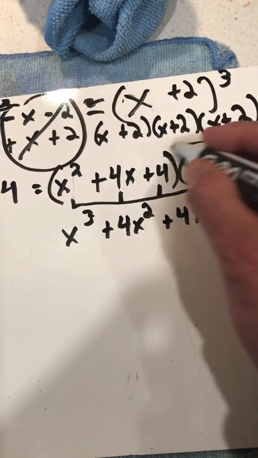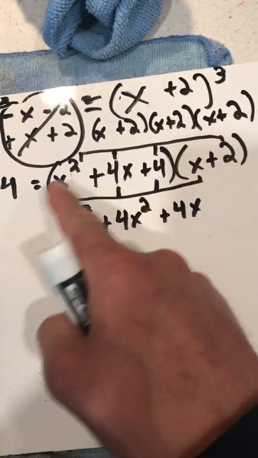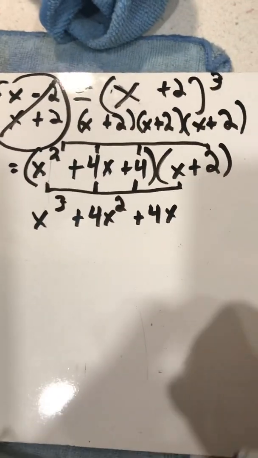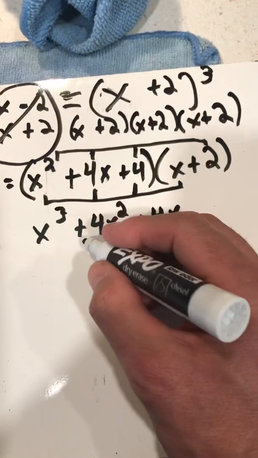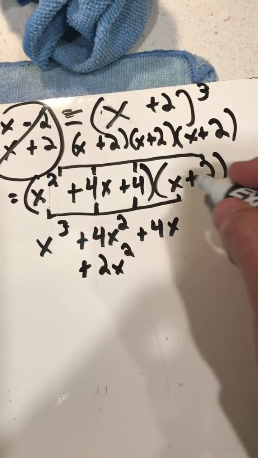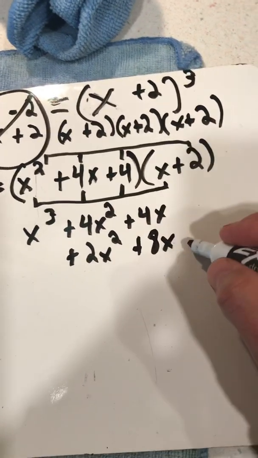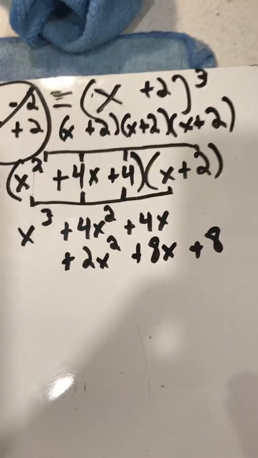Now we're going to go 2, and we're going to do each of the other terms in the other set of parentheses. So 2 times x squared is 2x squared. 2 times 4x is 8x. 2 times 4 is 8.